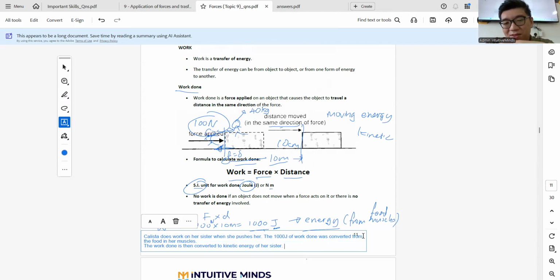So your sister is moving now. Whee! Very fast. So I hope with this example you can understand what it means by work done. Work done means something is moving through a certain distance and there's a force applied. Okay?